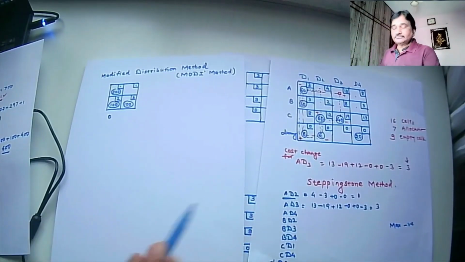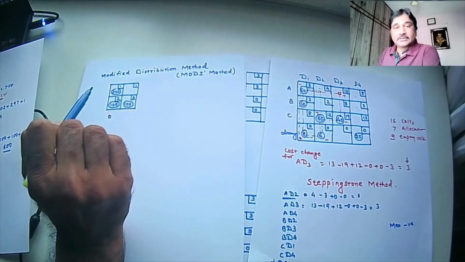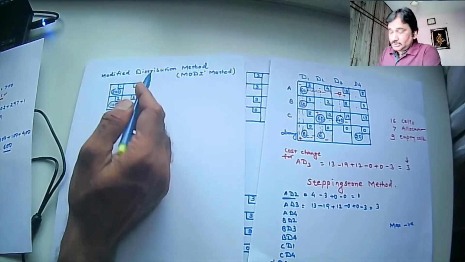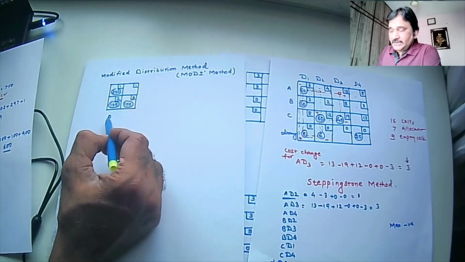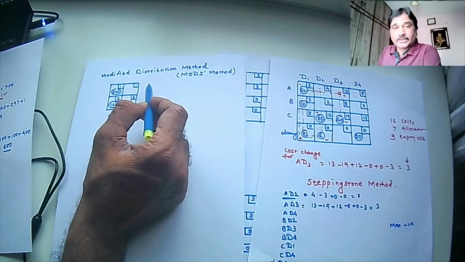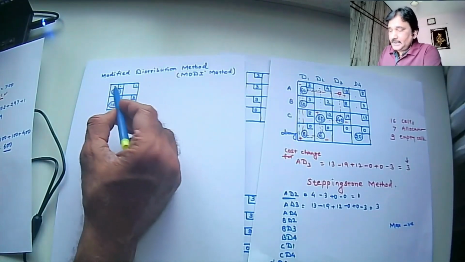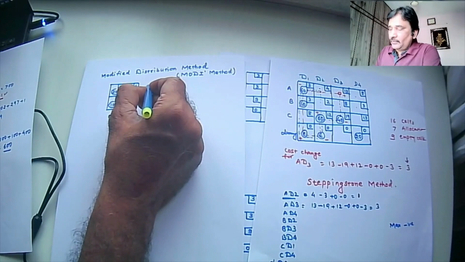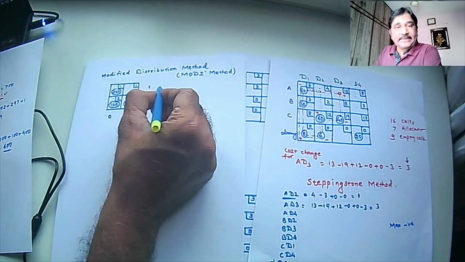Or to say it the other way, inner cost minus outer number gives the other outer number. So 1 minus 0 gives the row number for this cell.